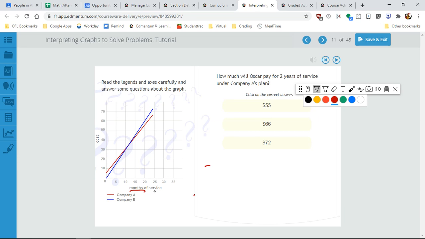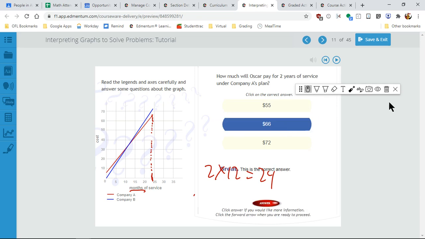So we're going to have to change this: 2 years times 12 months, because there's 12 months in a year. So we're looking at 24 months of service. If we do a little line going up, we see that Oscar's going to pay about, I don't know, like $65. But we don't have a 65, so we're going to say about $66.